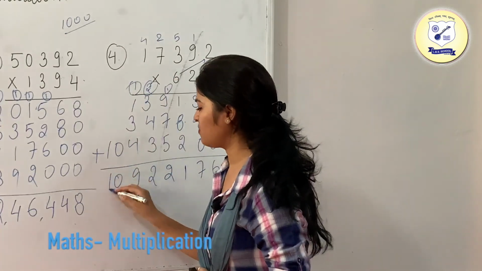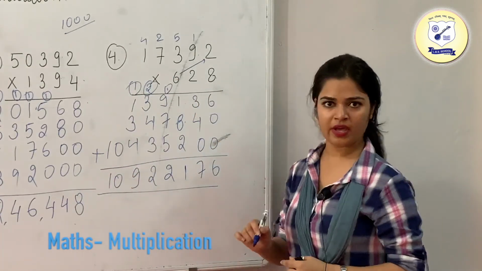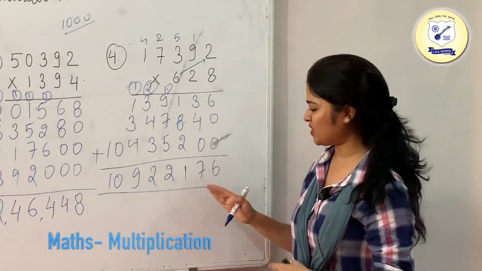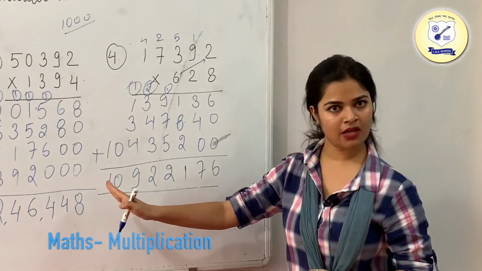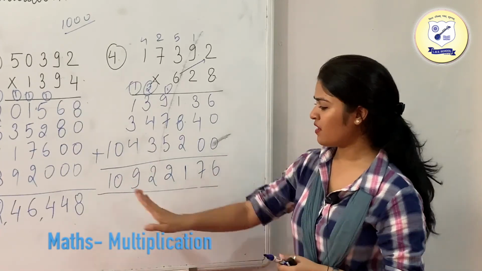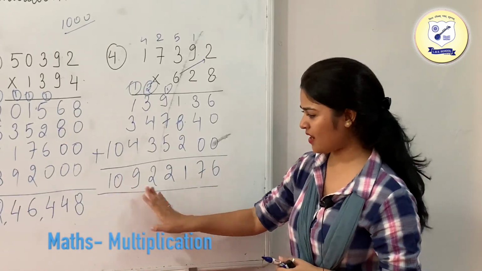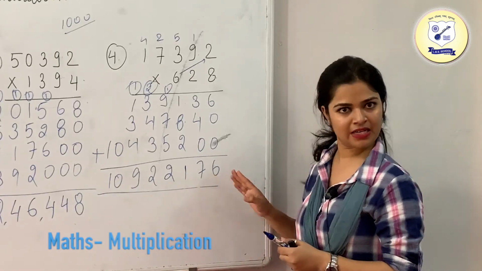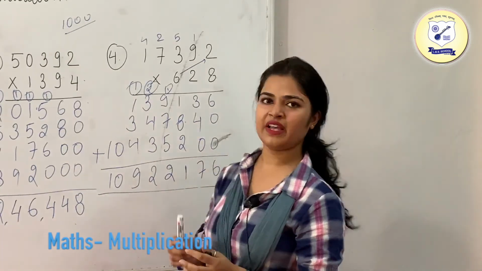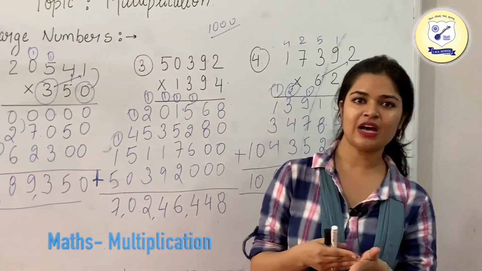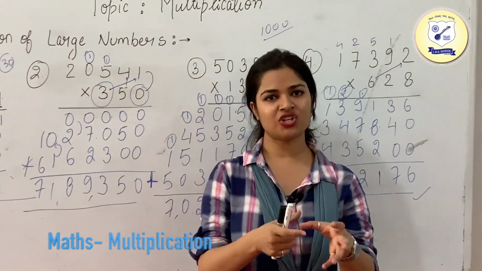Here we are having 0 and 1. Okay, now just see their place values, ones, tens, 100, 1000, 10,000, lakh, 10 lakh, crore. Okay, so it should be 1 crore, 9 lakh, 22,176.